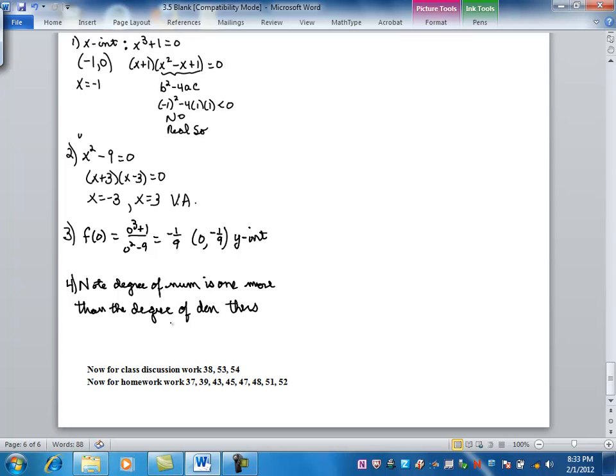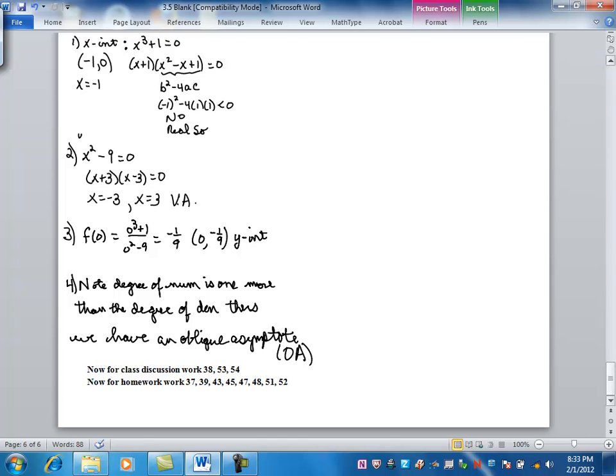Thus, we have an oblique asymptote. And from here on out, I'm going to write that as OA for oblique asymptote.